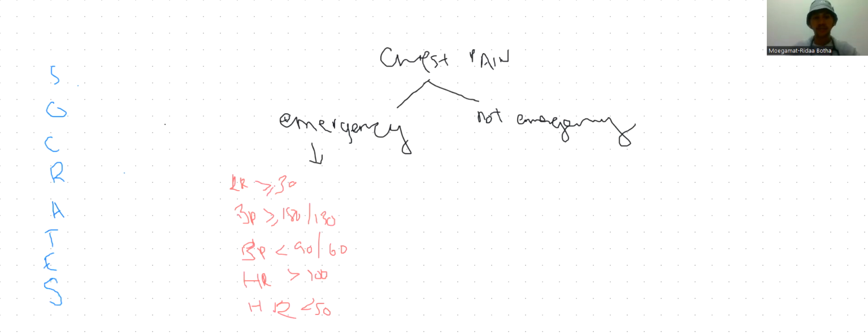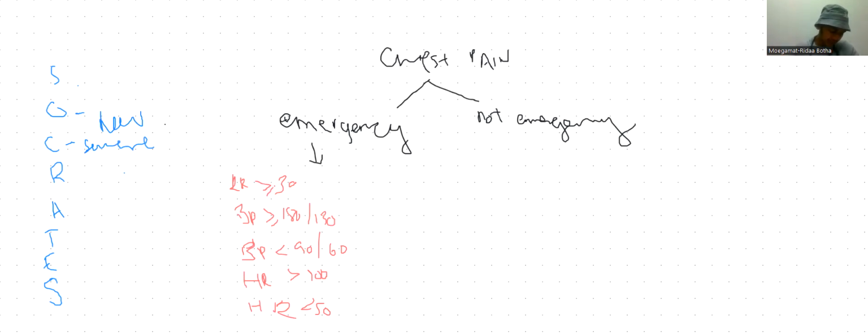In terms of whether this chest pain is an emergency, if the character is severe, then this could definitely be an emergency. For the onset, if it's new, then we know this is an emergency.